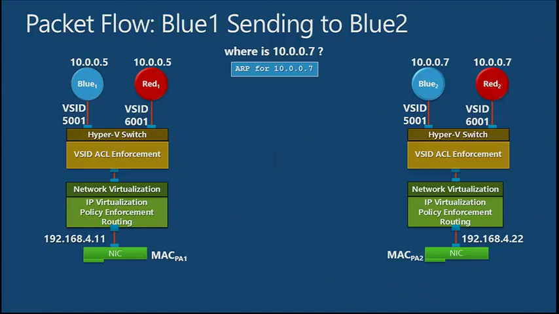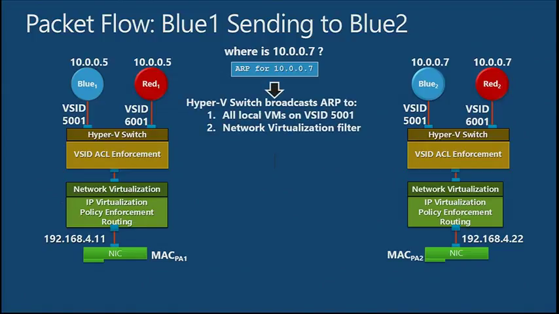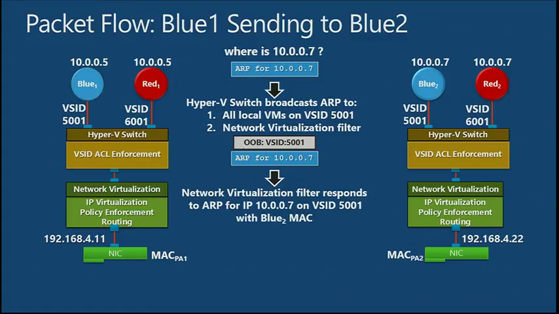What happens in Hyper-V network virtualization is the Hyper-V switch will send that broadcast to any local VMs, so any VMs on that same host on that same virtual subnet ID. It'll also send it down to the network virtualization filter, but that's where it stops. ARP does not go out across to anywhere else in the network.